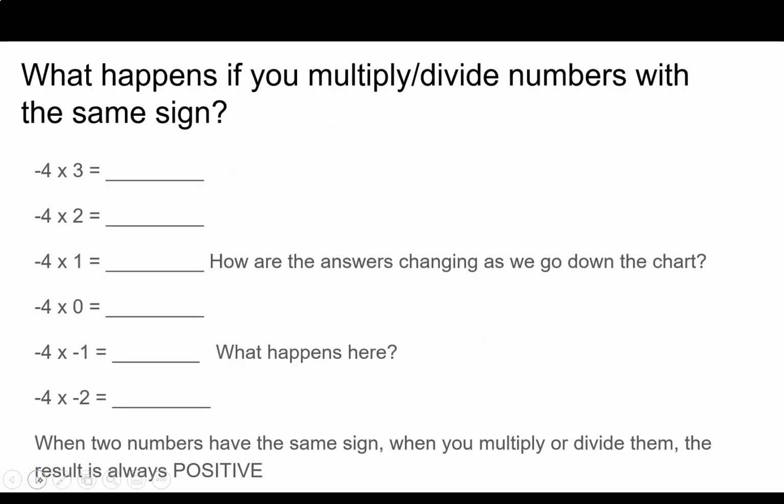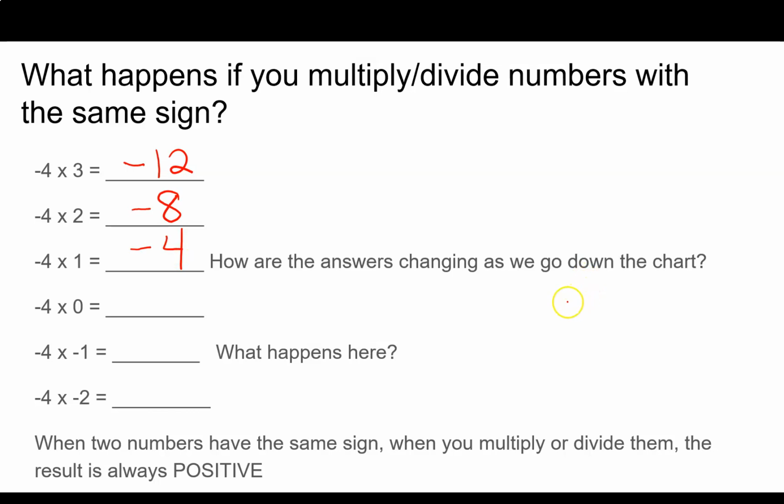Now, what happens if we multiply and divide with the same sign? So 2 positives or 2 negatives. Well, we already know that negative 4 times 3 is negative 12, because a negative times a positive is a negative. Negative 4 times 2 would be negative 8, and negative 4 times positive 1 is negative 4.